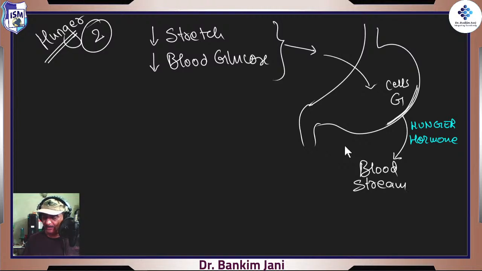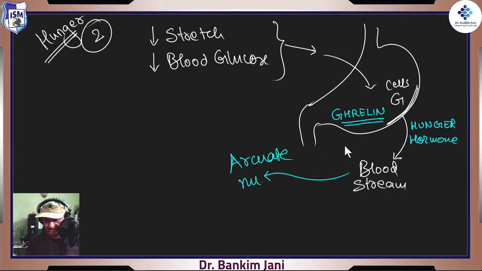This is what is called ghrelin, that's why G. So this will travel from the blood all the way to the arcuate nucleus, and once the arcuate nucleus is informed, you know very well what it will do.